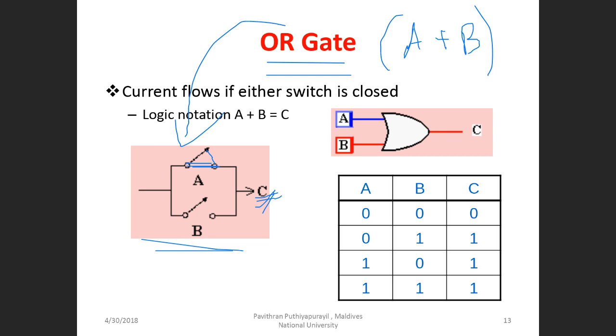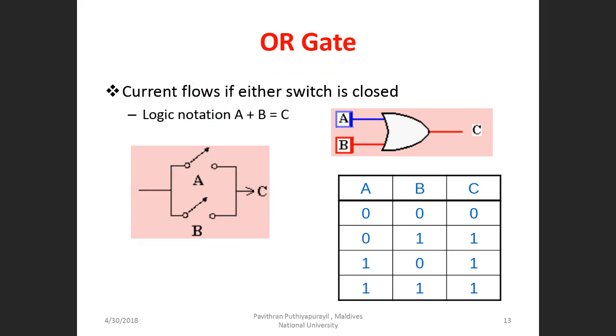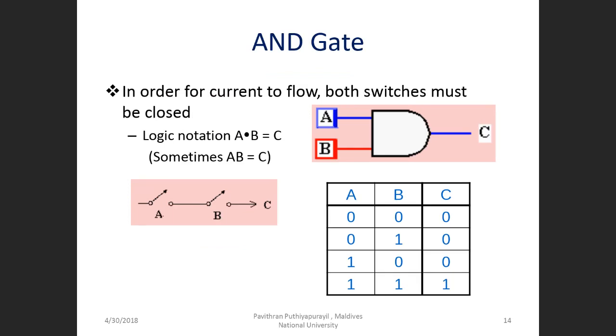OR gate is always in parallel connection. It means if any gate is closed, current can pass from this line. If both the gates are closed, then no problem, current is passing from both the gates. But if any one of the gates A or B is closed, then you are getting output at C. But in case of AND gate, this is a serial connection. In case of serial connection, you need to close both the gates.